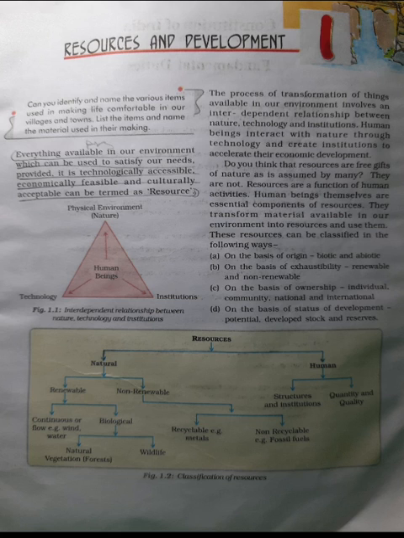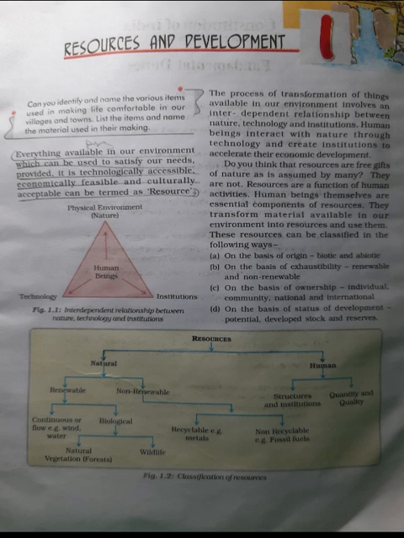These resources can be classified in the following ways: on the basis of origin, like biotic and abiotic. Biotic means those having life, and abiotic means where there is no life, like soil and minerals. And biotic are like flora and fauna.